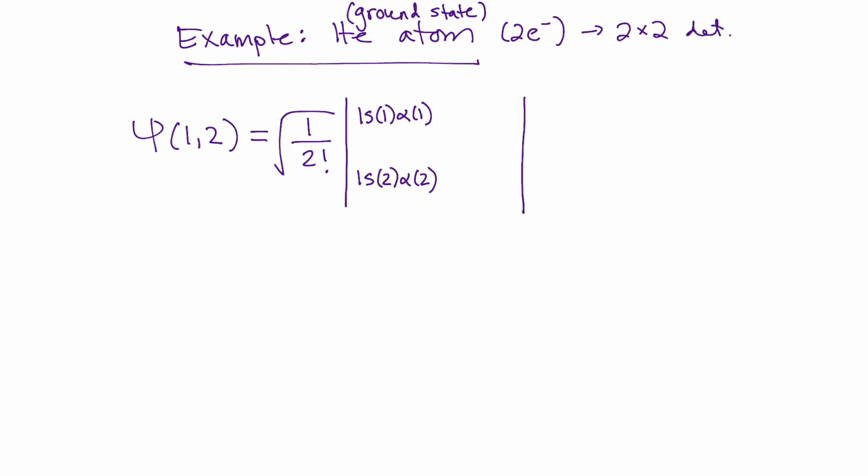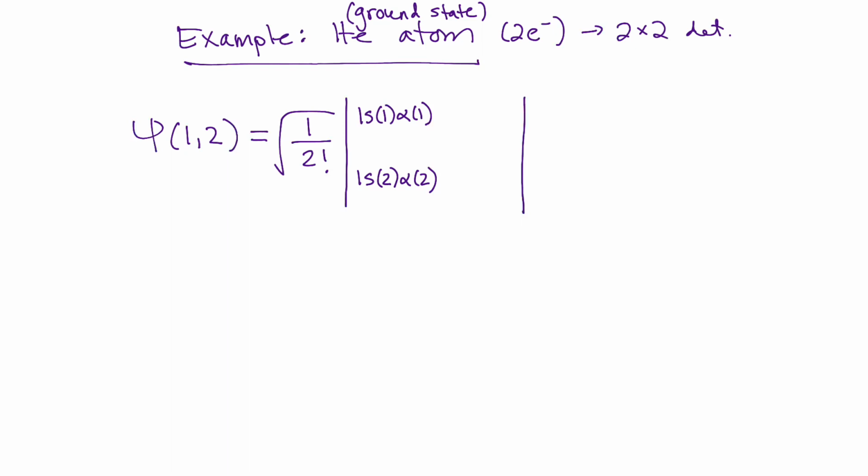Then we want to account for any other options that are possible for electrons to go into. We know that both electrons in our ground state will be going into our 1s orbital, so that's still going to be our other option, but we also have another spin option.